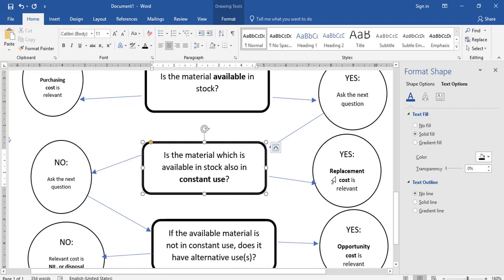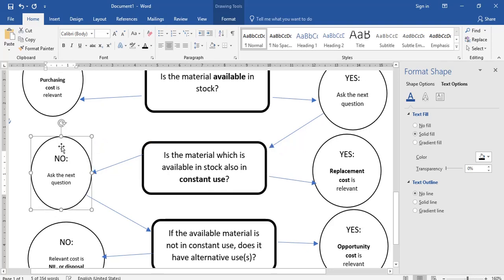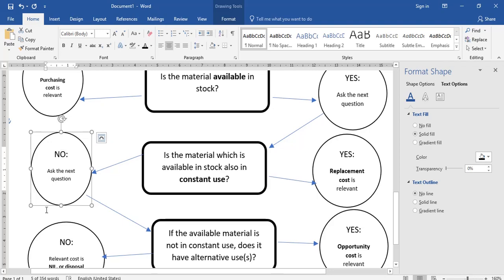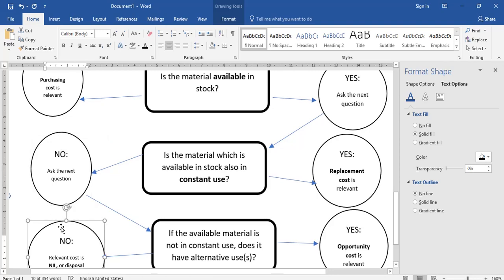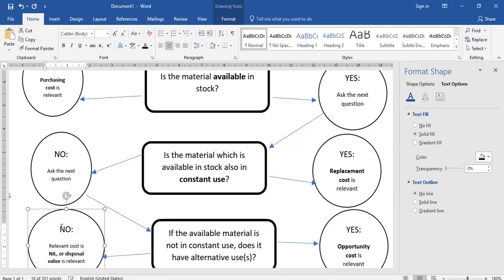If it is in constant use, then replacement cost is relevant because you have to replace whatever you have taken out. Whatever you've taken out, you have to replace it. That's why the replacement cost is relevant. But if it is not in constant use, you ask the next question.